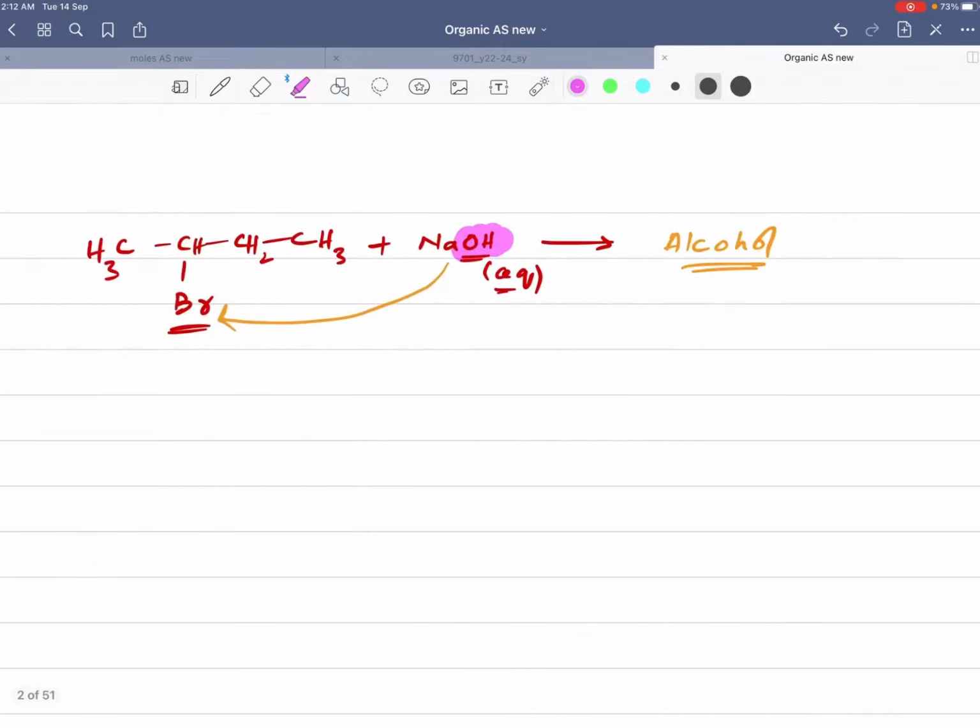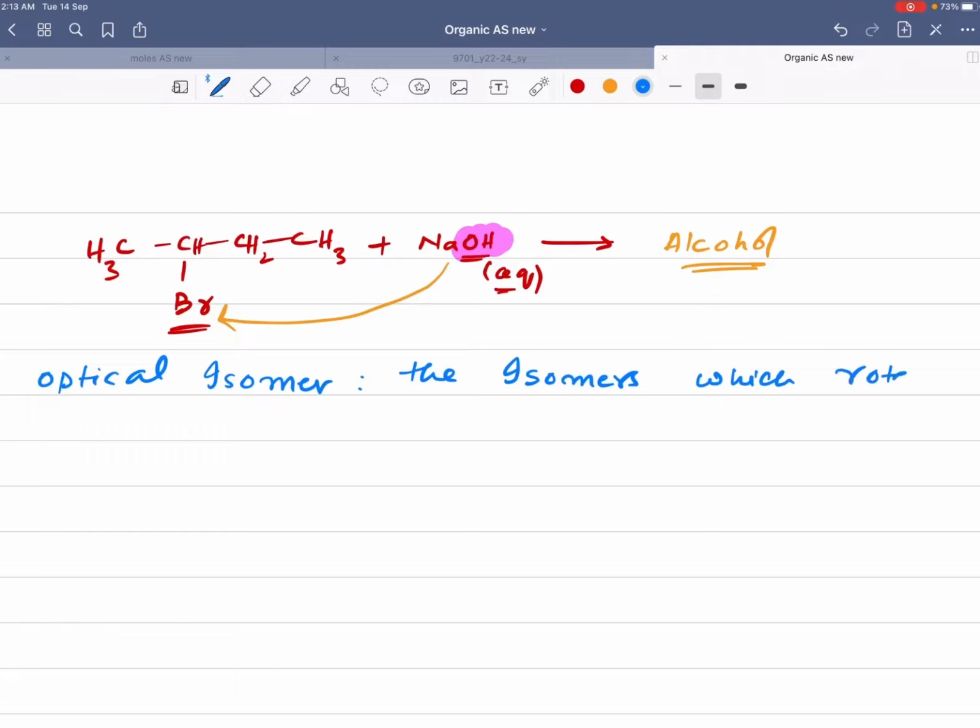Now what are optical isomers? Optical isomers are isomers which have the same molecular formula and similar structure, but they rotate the polarized light in opposite directions, right?